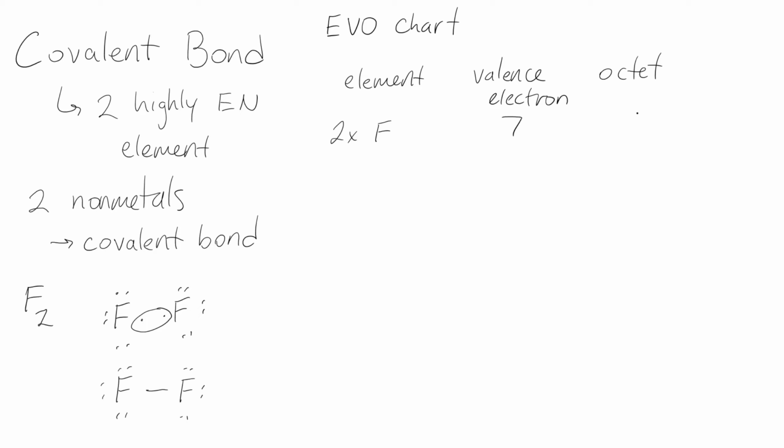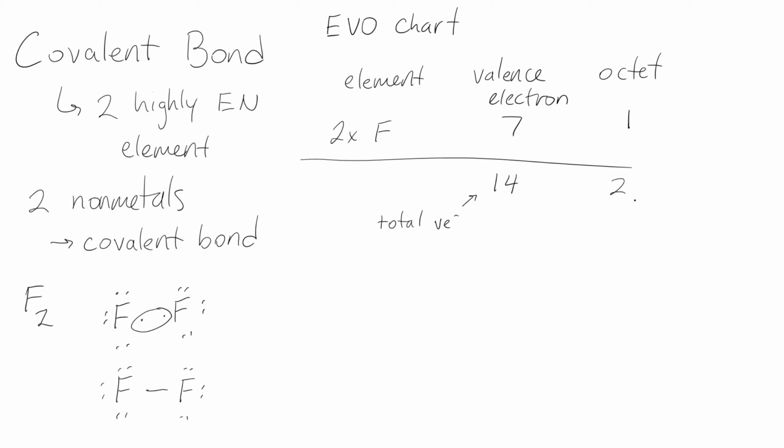To get to the octet, to get to 8 valence electrons, it's going to want to share one more. So it's going to try and share one electron with somebody else so that it can get to its octet. If we total that up, 2 times 7 is 14, and 2 times 1 is 2. This 14 represents the total number of valence electrons, and I'll abbreviate that VE.